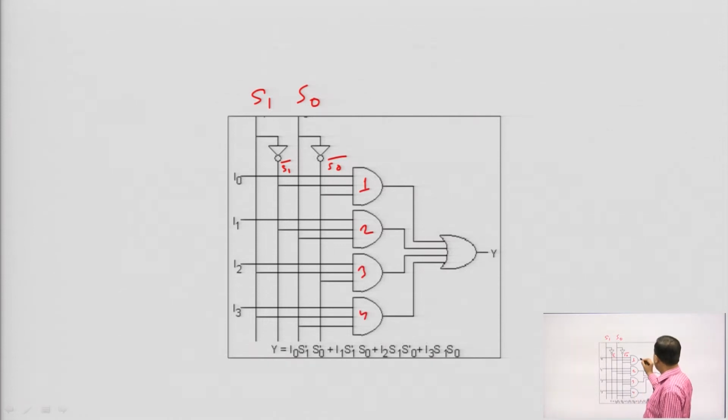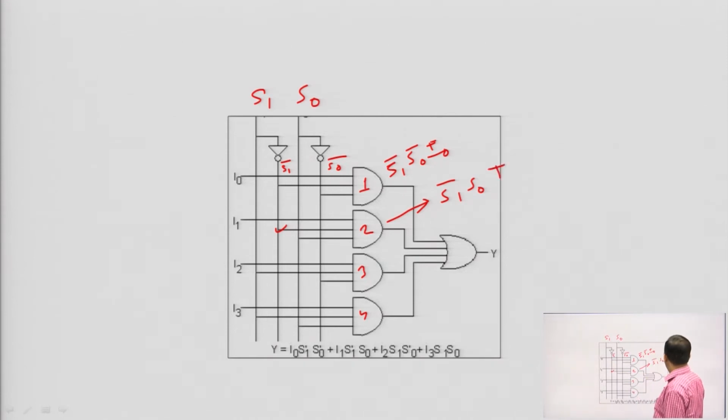The output of the first will be S1 bar S0 bar I0. The second output will be S1 bar, coming from S1 bar, and S0, coming from S0, then I1.